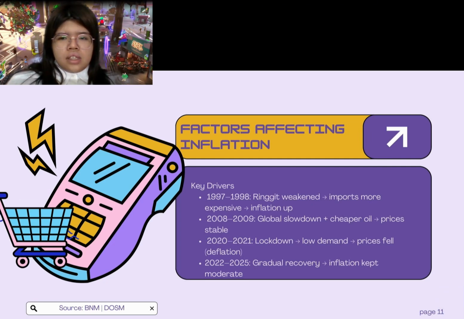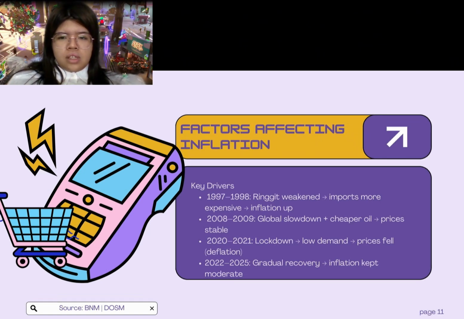During the 1997 to 1998 Asian financial crisis, the Malaysian ringgit became weaker and imported goods became more expensive, so inflation increased. During the 2008 to 2009 global financial crisis, economic activity slowed down. People spent less money, so inflation stayed low.